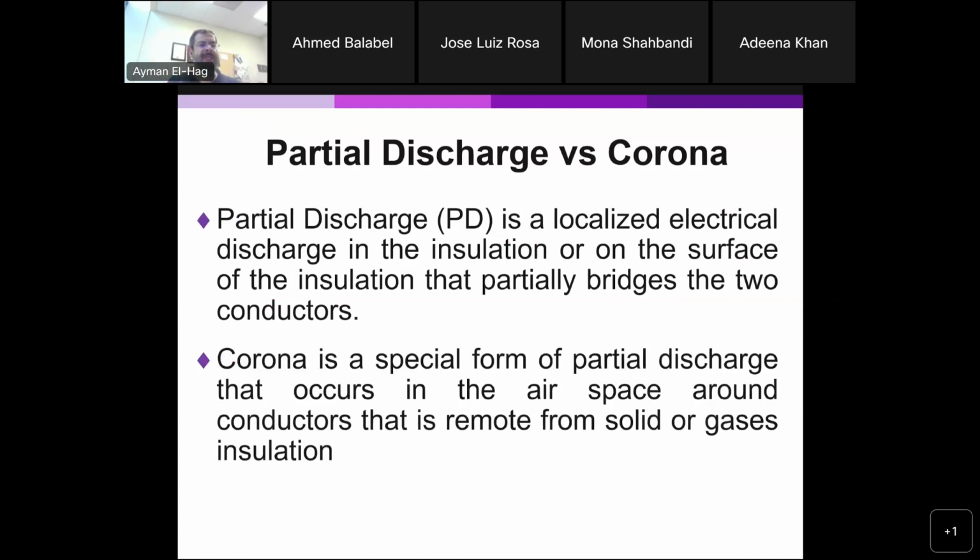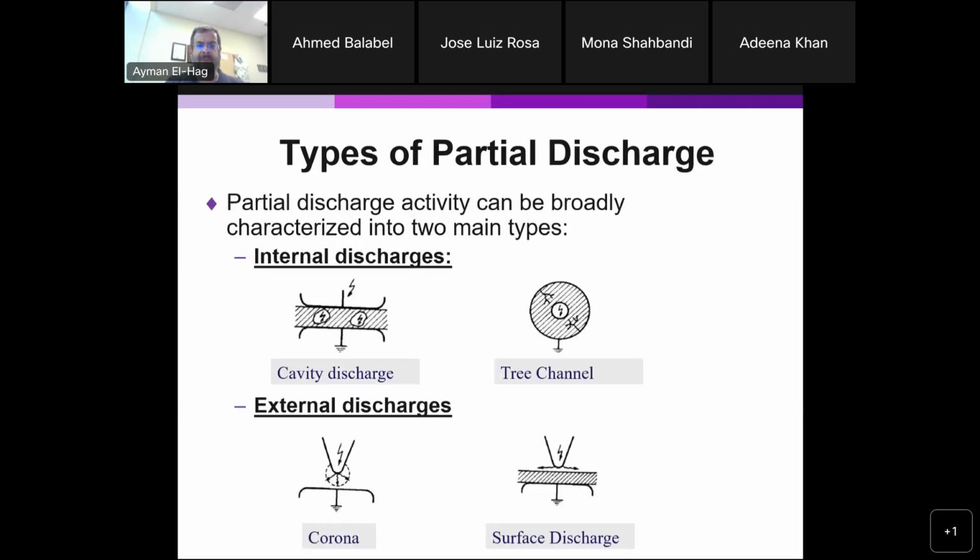For example, the discharge around overhead conductors is not called partial discharge, but corona. Corona, I think it's a Greek or Latin name. It refers to the small circle you see around the sun in the early morning. That is called corona, which represents the meaning of the term.